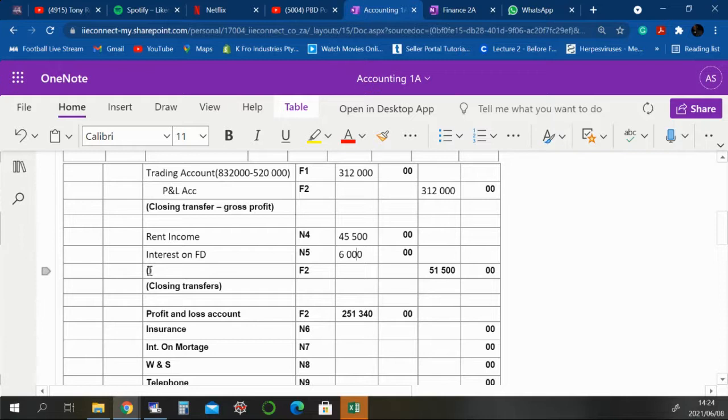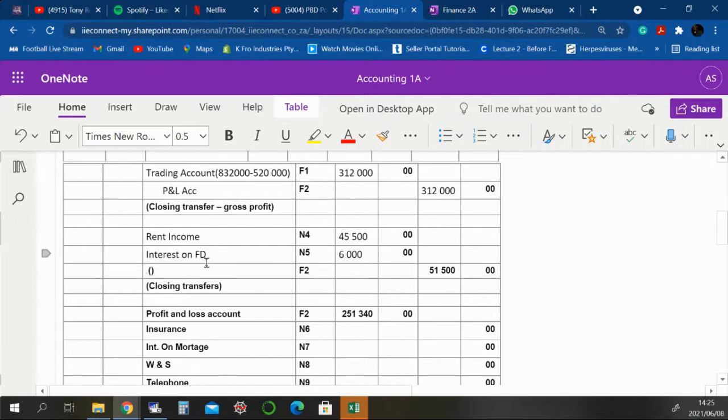So here again, this is to the profit. Ooh, that I had shifted. Here, profit and loss account. Oh, my goodness. Where the heck are we?